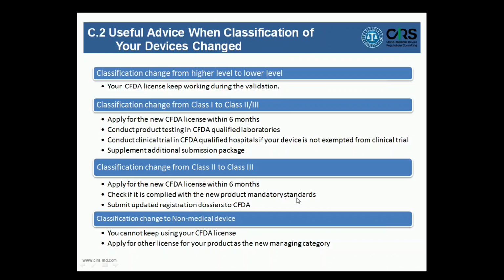If your standards have been changed, then you should do the actual testing based on the changed standards. Also, there may be some classification changes from medical device to non-medical device. Then, unfortunately, your license cannot keep working, and you have to apply for another license for the product. Maybe it's a drug, or food, or cosmetics.